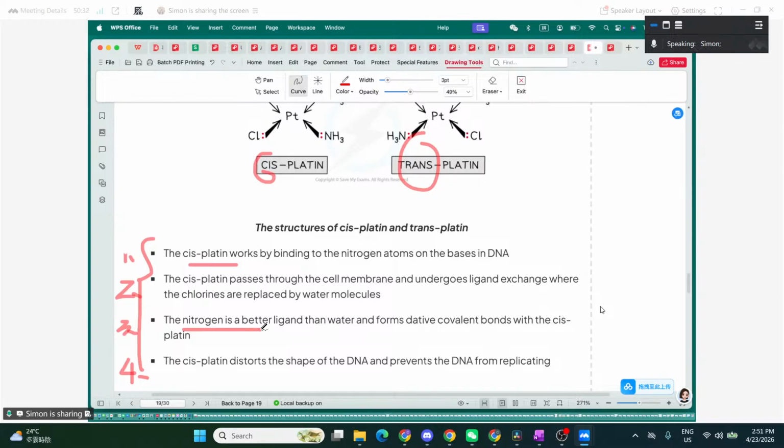And the nitrogen is a better ligand than water. I want to know why nitrogen is a better ligand than water. Because the nitrogen can more easily lose the electrons.